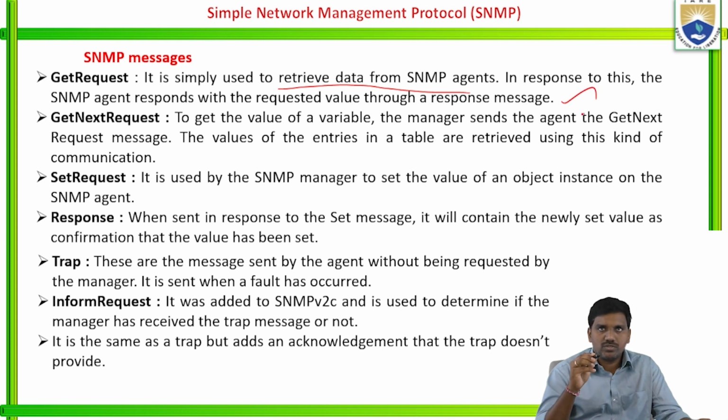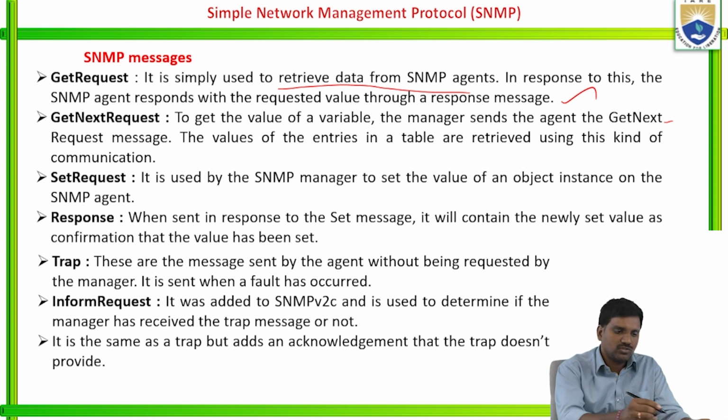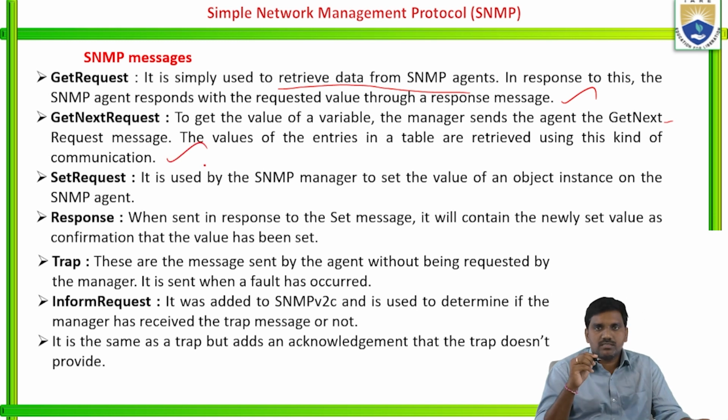So this is the first message, get request. Next is get next request. To get the value of a variable, the manager sends the get next request message. The values of the entries in a table are retrieved using this kind of communication. So this is the second message, get next request.